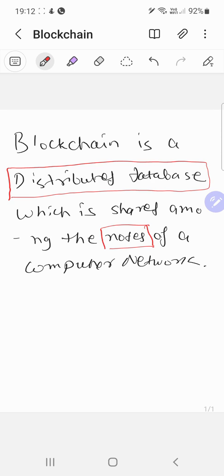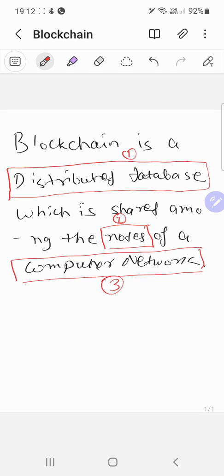When we talk about nodes in computer network terminology, we are essentially referring to a physical device. I'll come to that in a moment. We need to understand these individual components, and once we do, we can combine them and understand what this blockchain thing actually is.